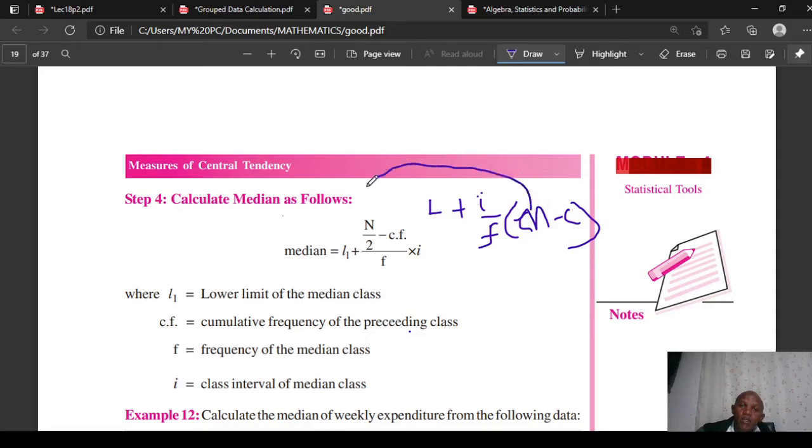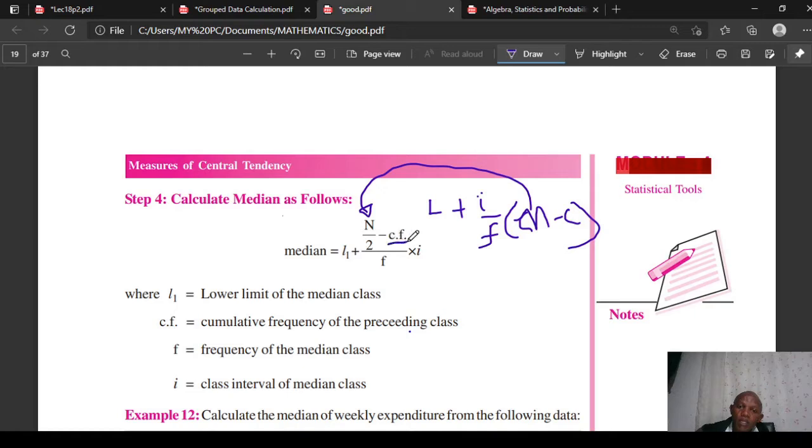Now this is the same as this value here. So this is the same as n over 2, right? Then we are also saying that C stands for the cumulative frequency preceding, coming before the median class.